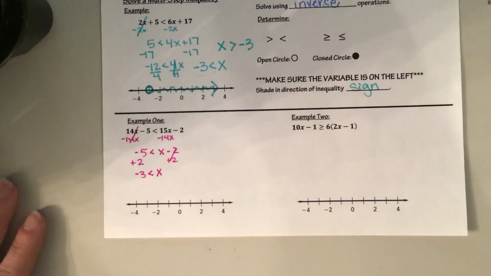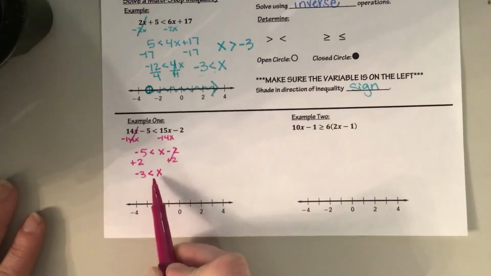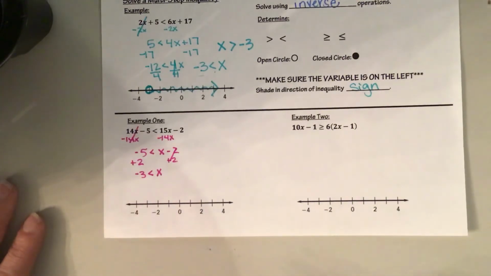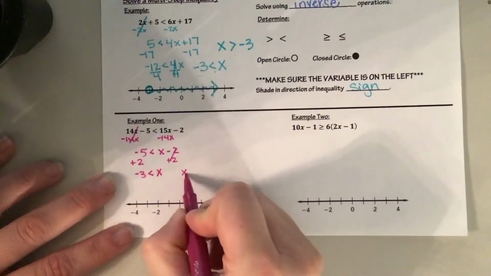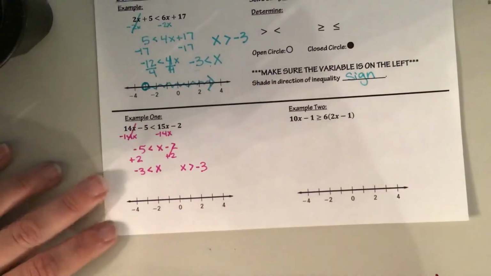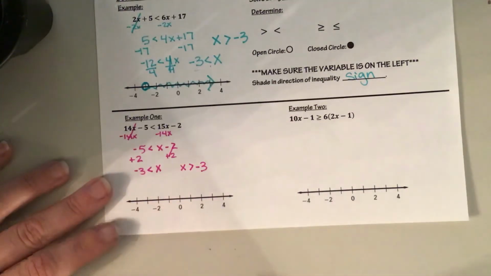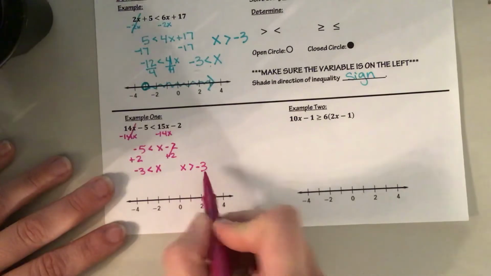So we're going to have to flip the entire problem around to know which way to shade, or you can just remember my variable is on the wrong side, so I have to shade opposite of what this looks like. I like to go ahead and change mine around so that I'm 100% sure which way I shade. Don't forget to change that sign though. So x is greater than negative 3.